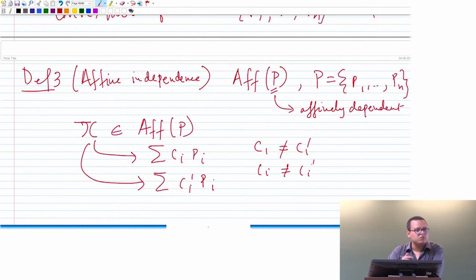Same analogy as vector spaces, right. If a set of vectors is linearly dependent, there will exist a vector in the span that has two representations, right, exact analogy. The proof is exactly the same. So, a set which is not affinely dependent will be affinely independent.